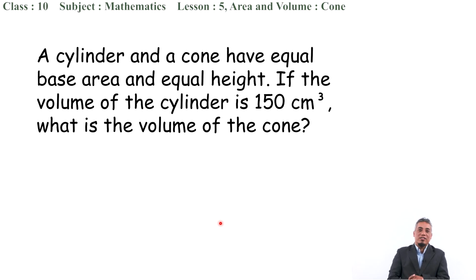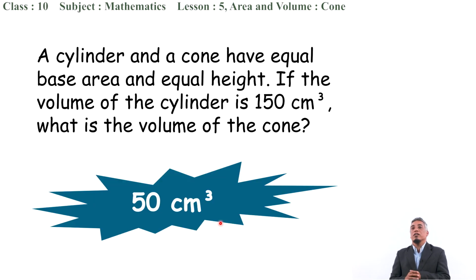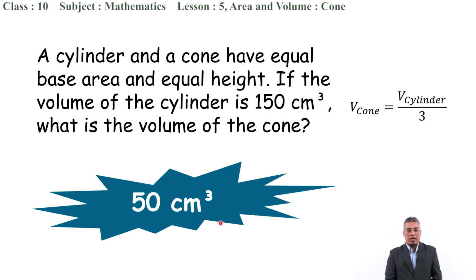Yes, you have guessed the correct answer, because just before we did it. The volume of cylinder divided by 3 is the volume of cone. That's why it is 50 cm cubed. You've got the correct answer. So its formula is simply volume of cone equals volume of cylinder divided by 3. Okay.